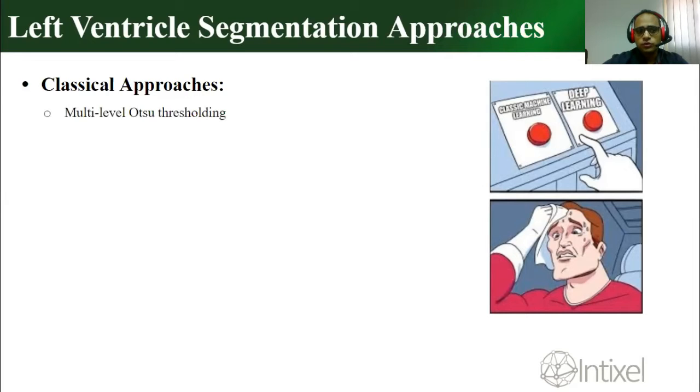For the classical approaches, one of the early approaches was multi-level thresholding. Basically, given a grayscale image with multiple classes, multi-level thresholding tries to maximize the variance between classes relative to the intra-class variability.